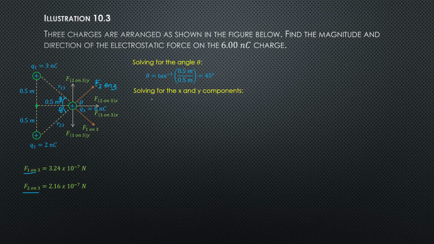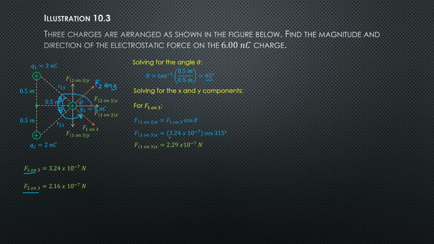So solving for the x and y components for F1 on 3, if this is also theta but this one is negative, I will consider the angle up to that point. So that becomes 360 minus 45 degrees, and my angle will be 315 degrees. So F1 on 3 cosine theta, where theta is 315 degrees: 3.24 times 10 to the negative 7 newtons times cosine 315.